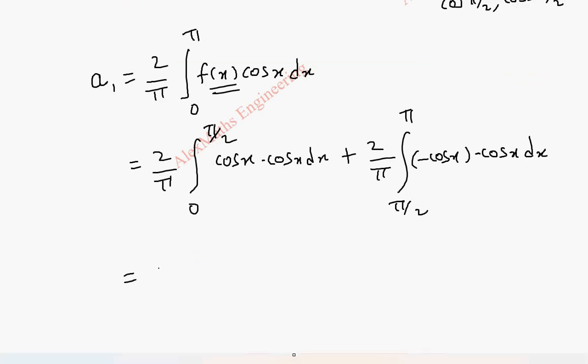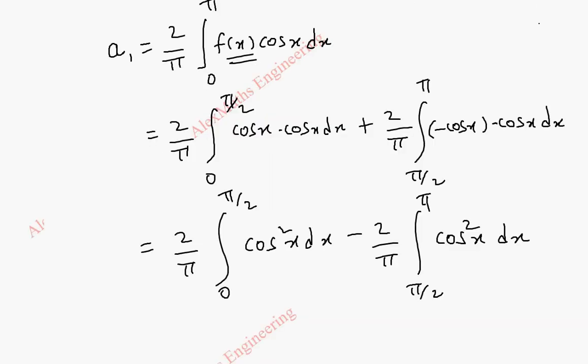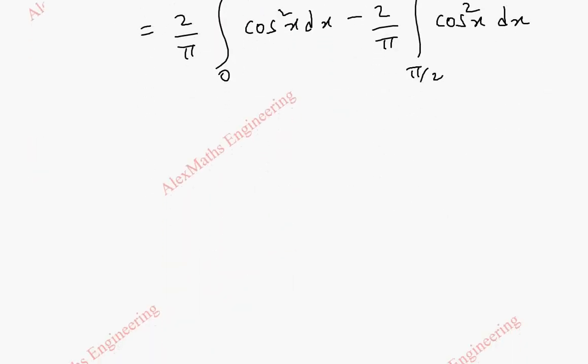So this is 2 by pi integral 0 to pi by 2 cos square x dx minus 2 by pi integral pi by 2 till pi cos square x dx, actually minus is taken out, so cos square x dx.